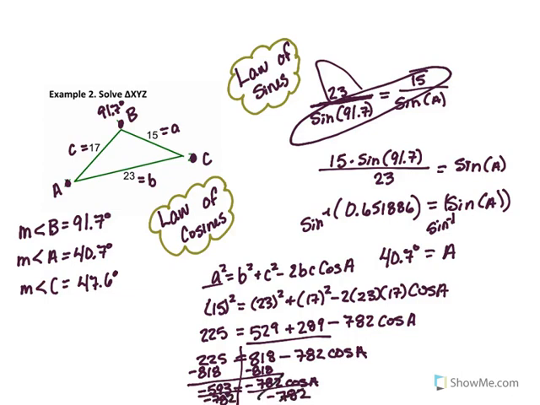And you should get approximately 0.7583, and this equals approximately the cosine of A.